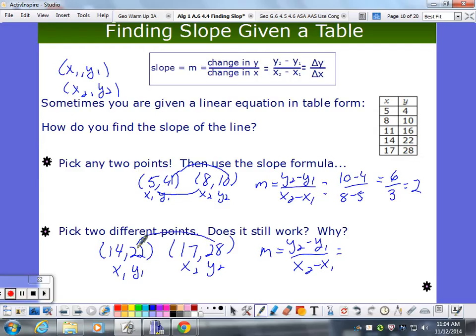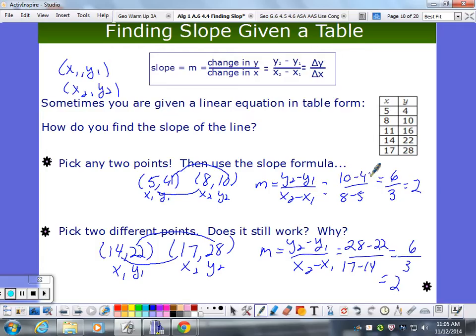So that's 28 minus 22 over 17 minus 14. That's 2. Any 2 points on a line work.